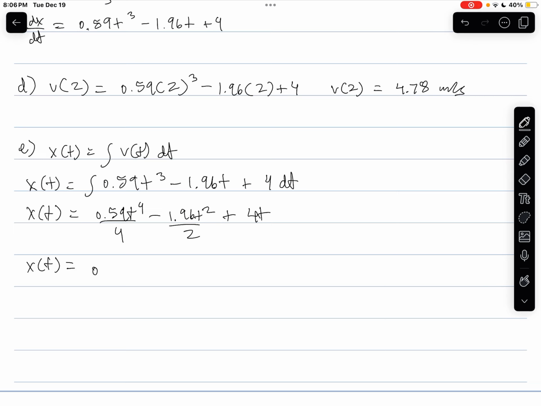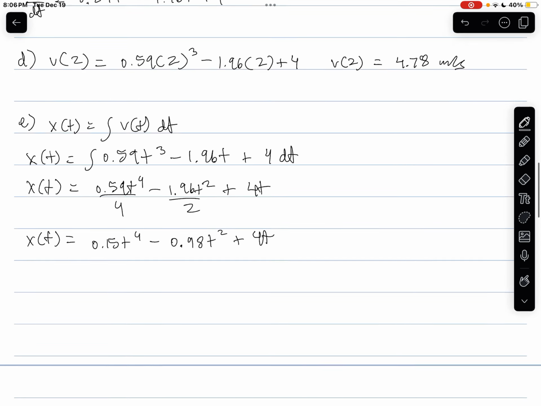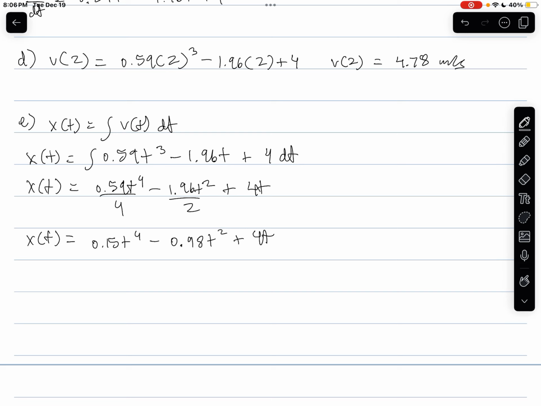And then I simplify that further. It's going to be 0.15 t to the power of 4 minus 0.98 t squared plus 4t. And then I'm going to find when this whole position function equals 2.